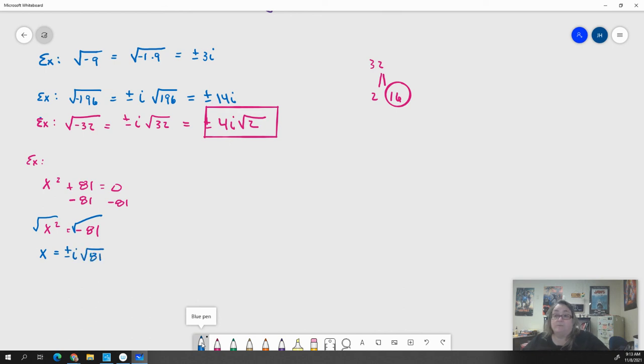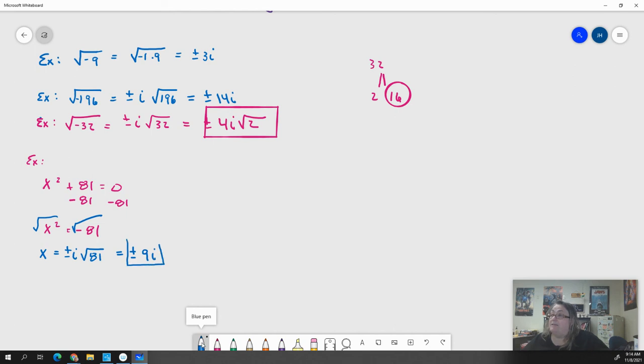What is the square root of 81? Does anybody know? Is it a perfect square? $1 million imaginary dollars if you know this. You could be imaginary rich, which is only fitting because we're talking about imaginary numbers. Right, it's 9. So we are going to have plus or minus 9i.